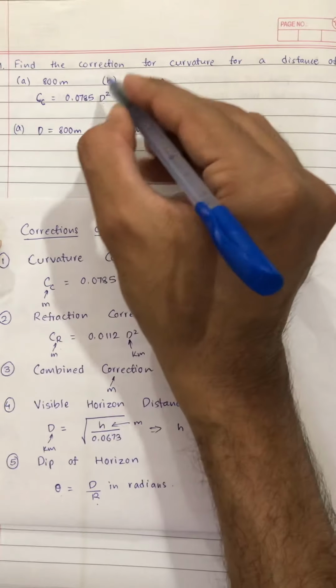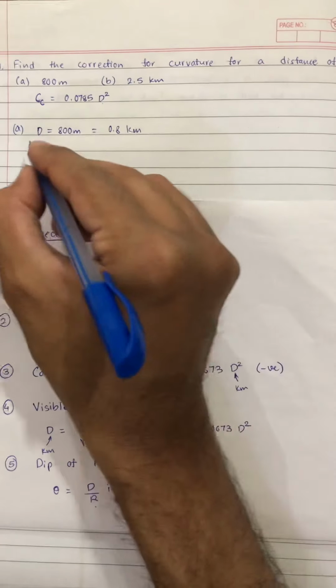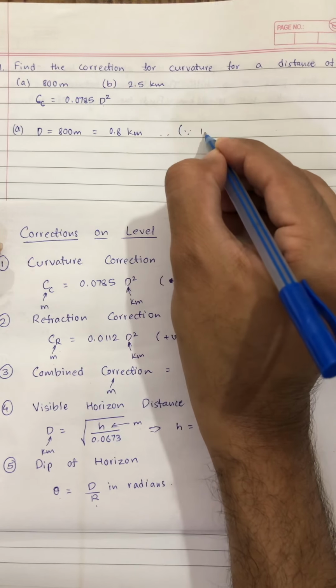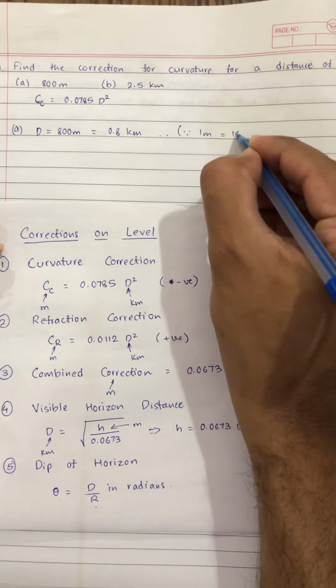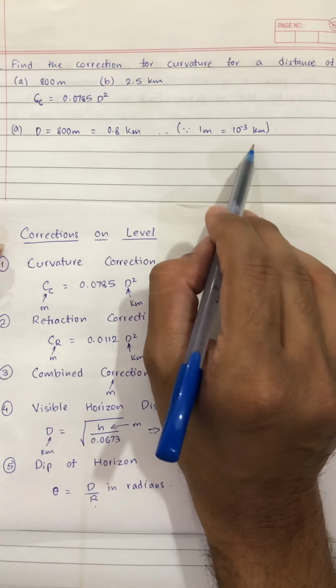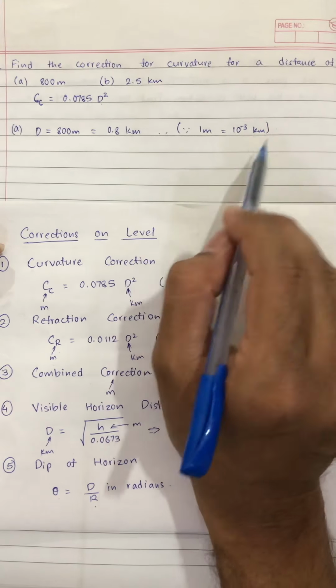We know that 1 meter is equal to 10 to the power minus 3 kilometer. This conversion factor should be known.